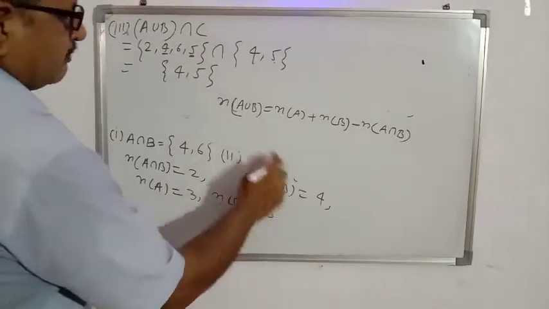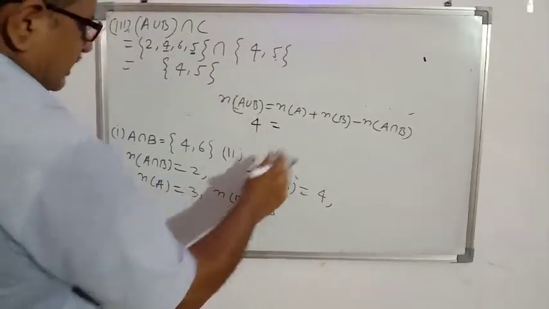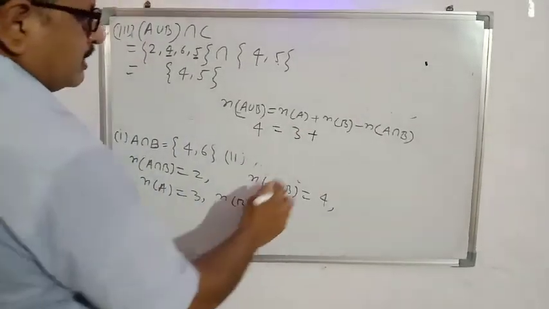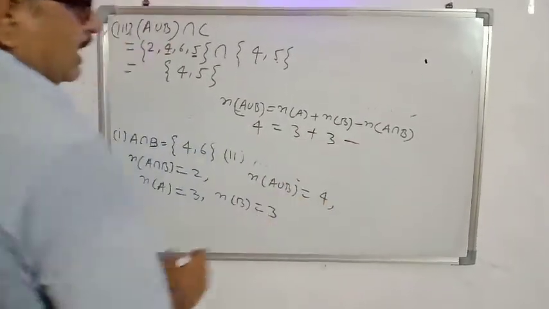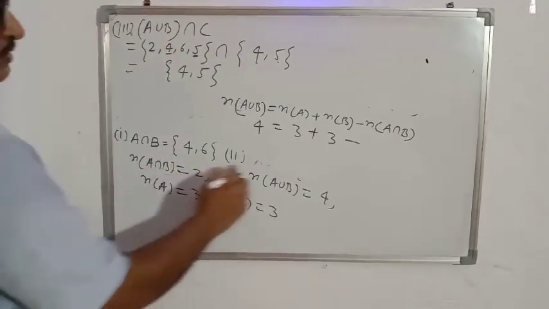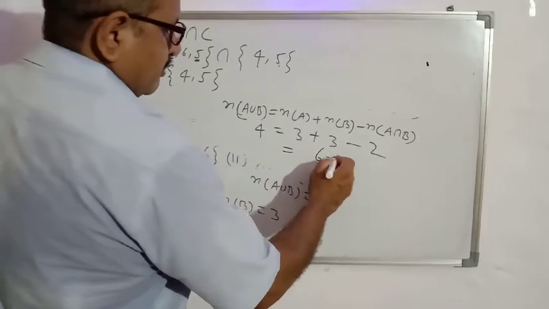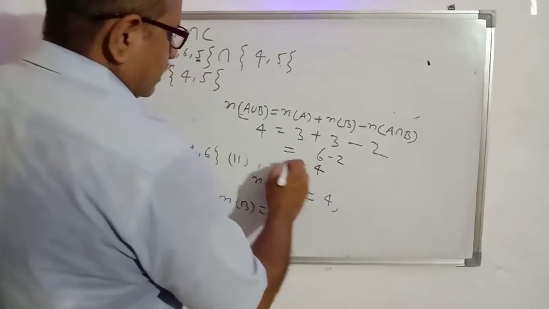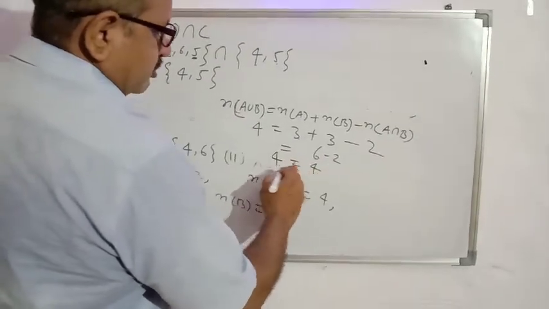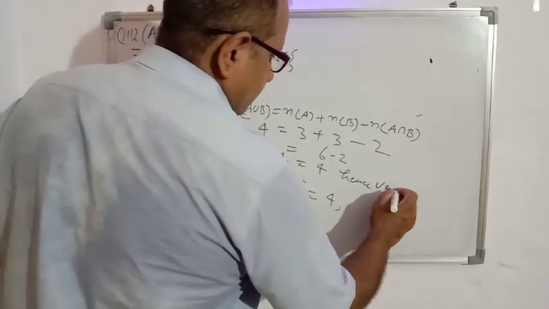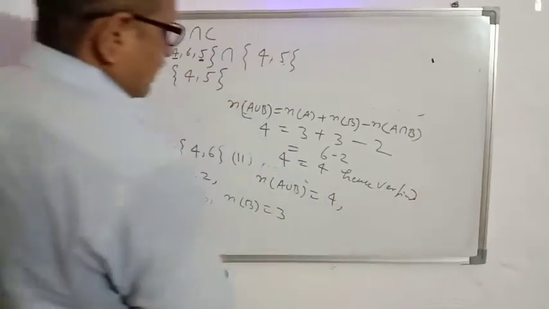N of A union B is 4. N A is 3. N B again 3. And N of A intersection B is 2. So 3 plus 3, 6 minus 2, 4. Left side and right side both numbers are equal, hence verified.